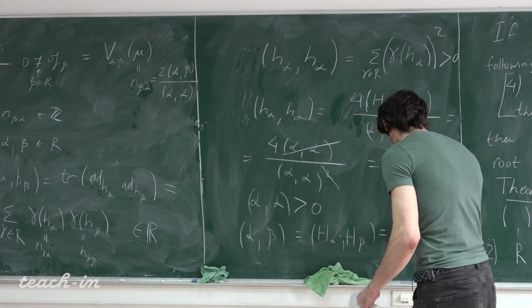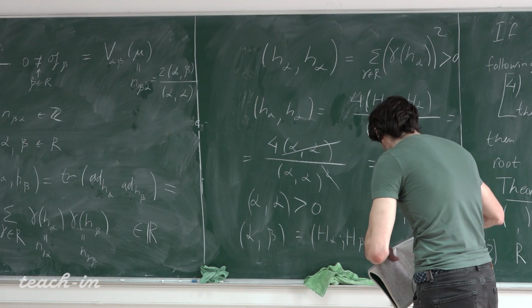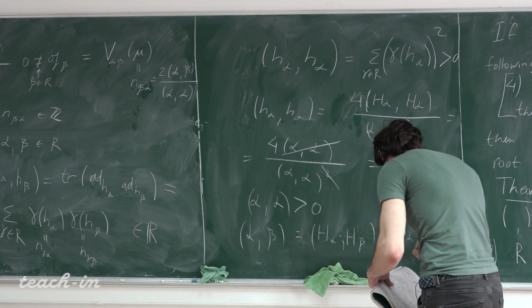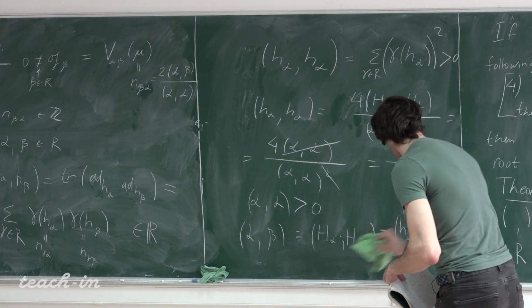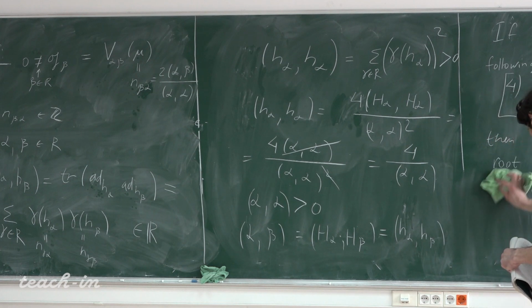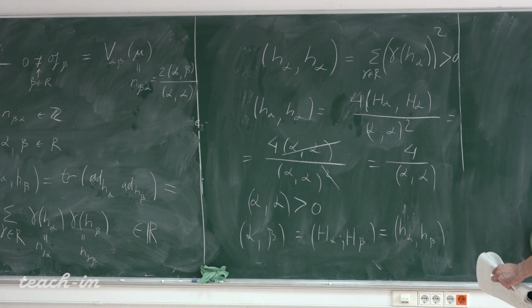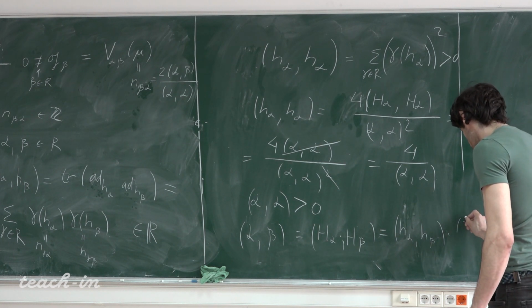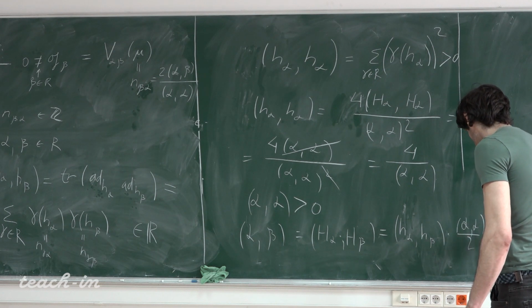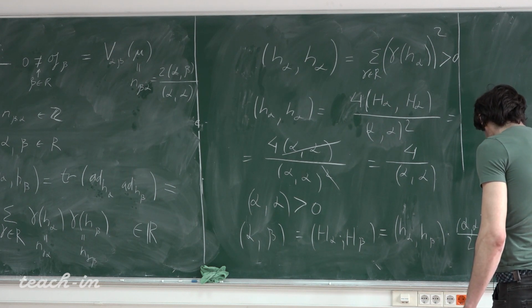It's the form of H smalls with some coefficient, and this coefficient is alpha alpha divided by 2 times beta beta divided by 2.